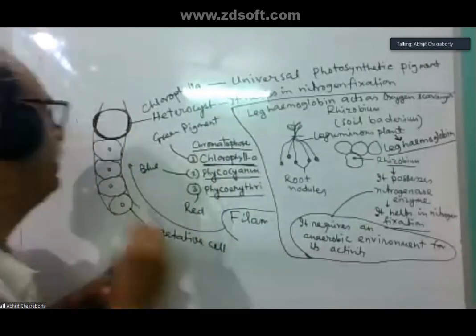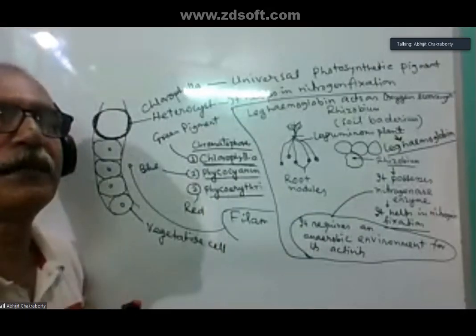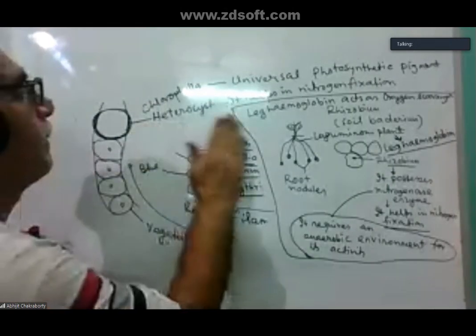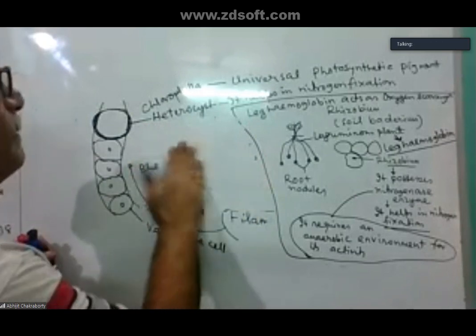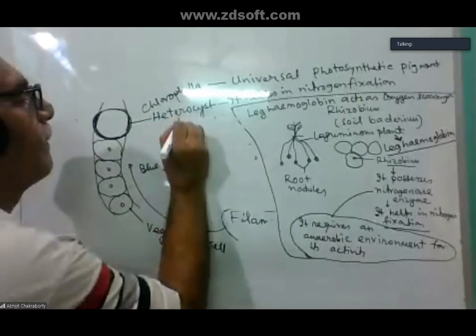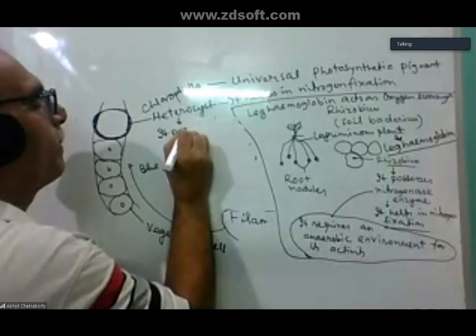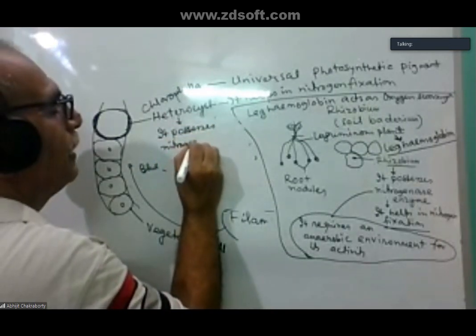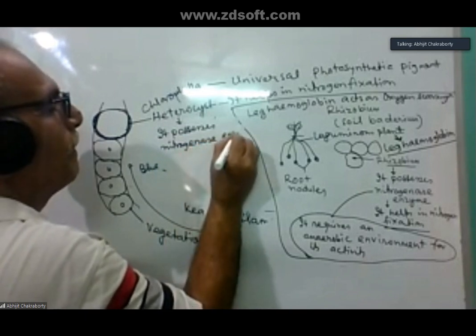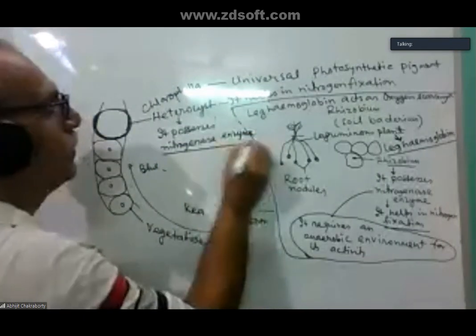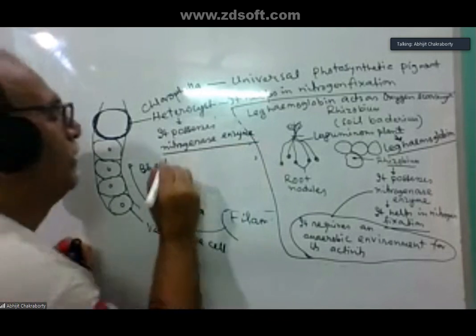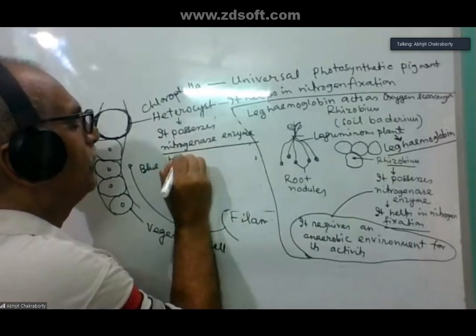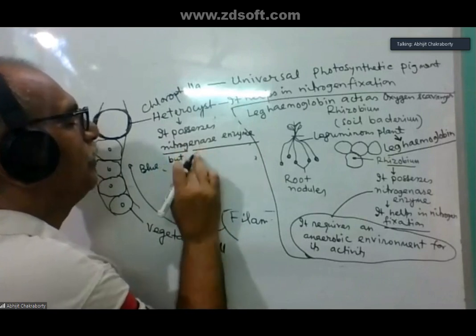But the problem here is that the heterocyst possesses nitrogenase enzyme, but leghemoglobin is not found here.